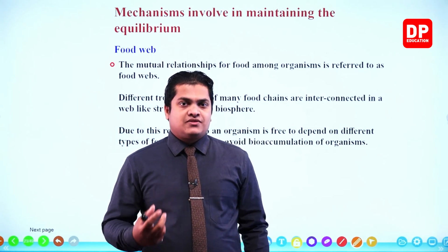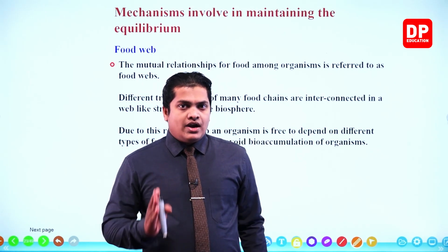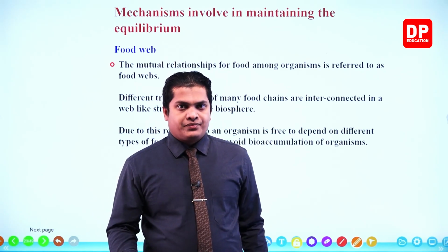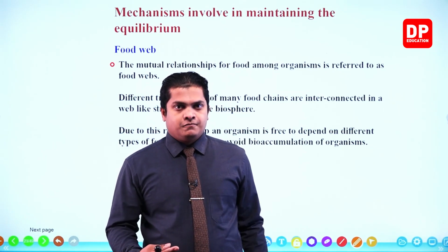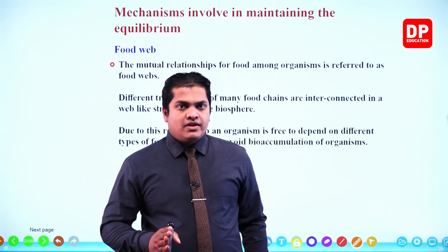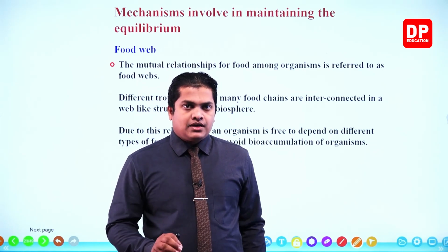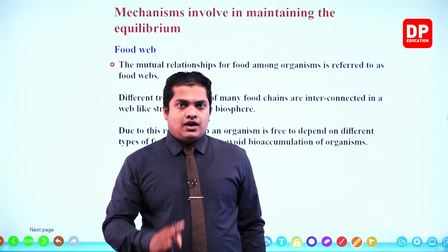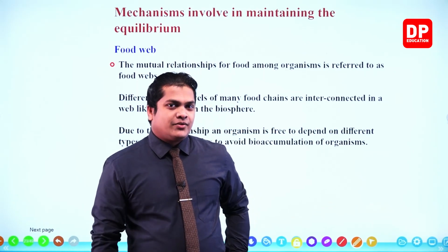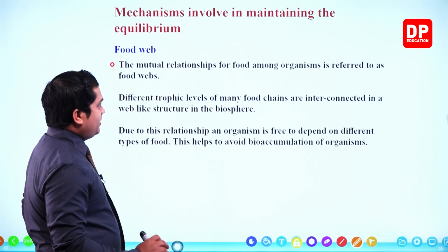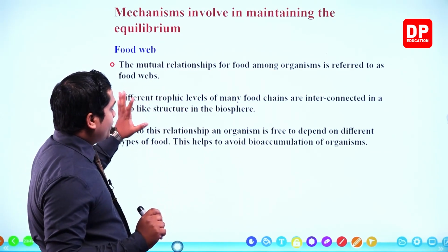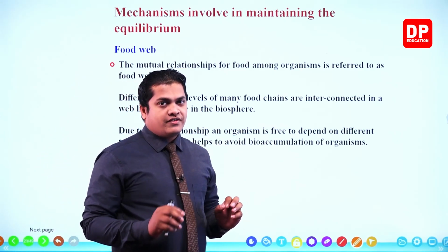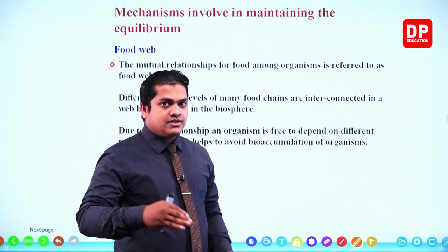In order to satisfy their nutrition requirement, one organism is going to depend on or consume another kind of organism. So mainly from one organism to another, the energy and also nutrients are being passed. Now I told you that these food webs show the transfer of energy from one organism to another.